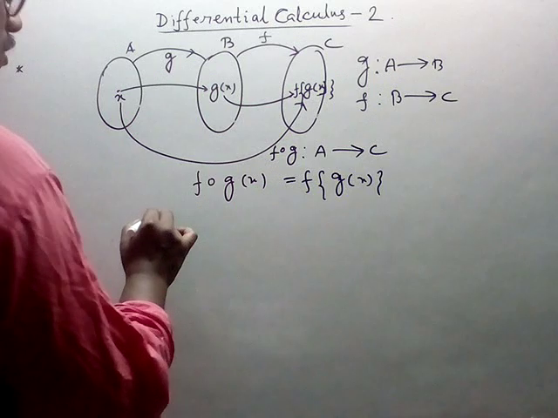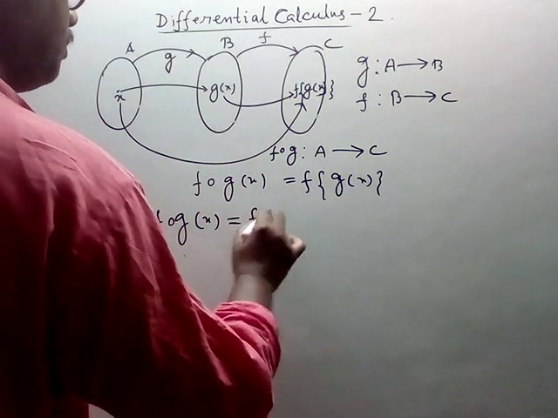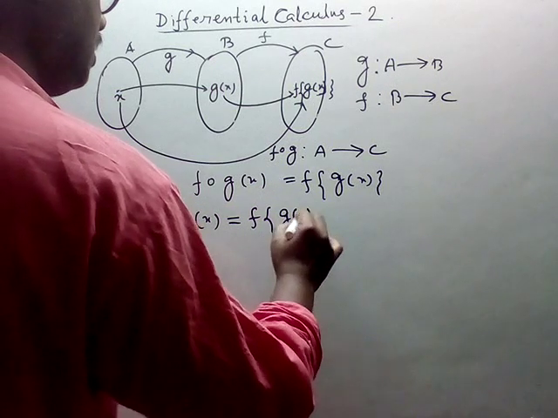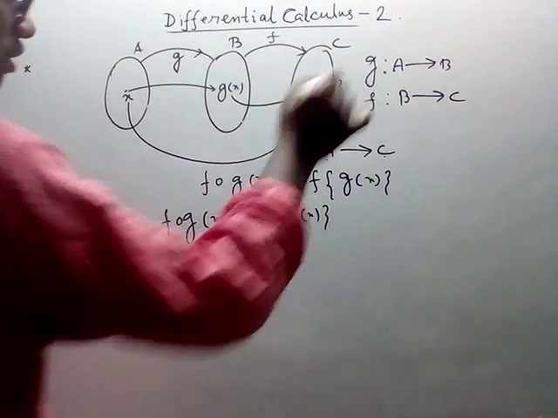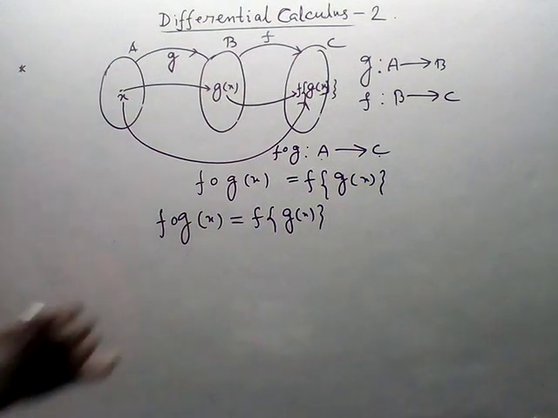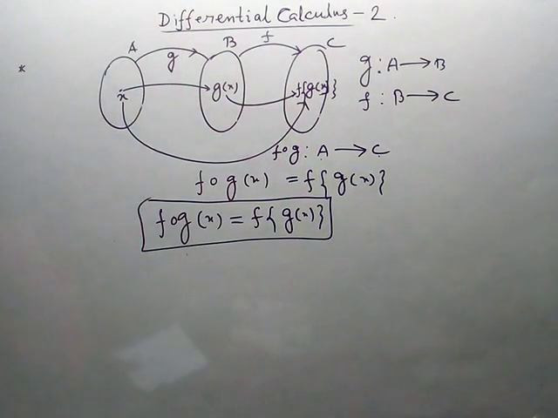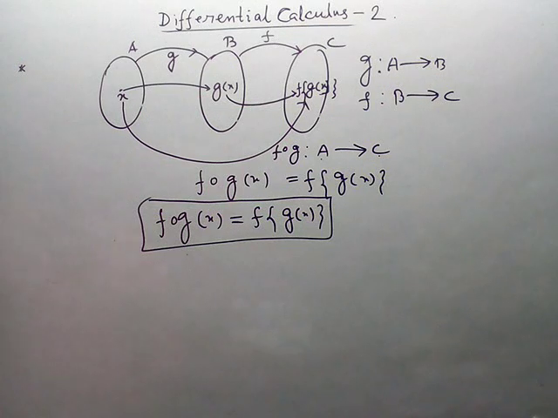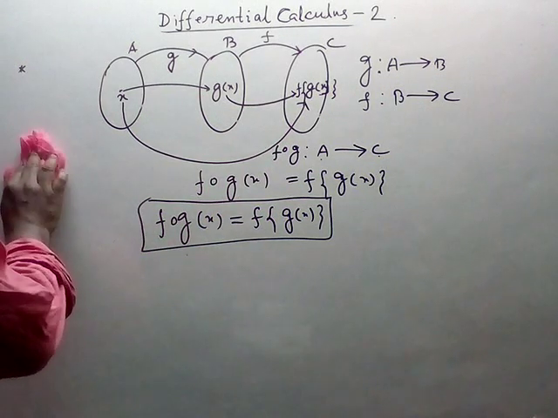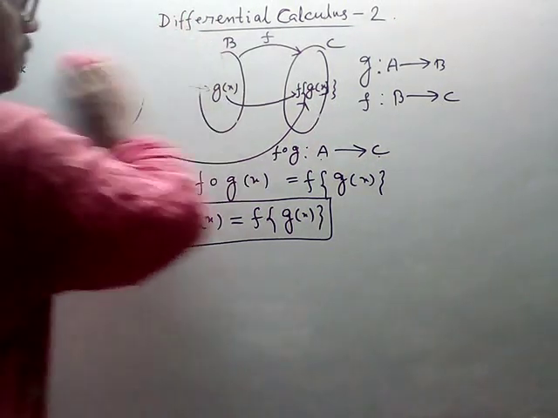So f composition g of x equals f of g(x). Obviously, f composition g is a mapping from A to C. This is called a composite mapping, or a function of functions: f composition g of x, f of g(x).